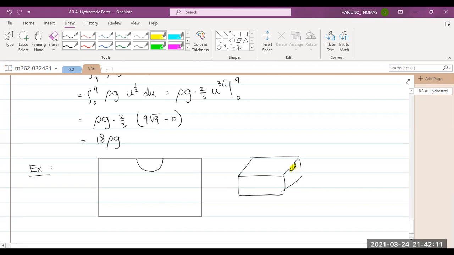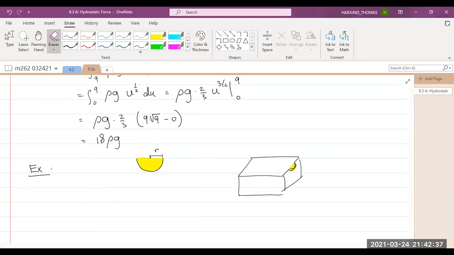So we are now interested in the hydrostatic force experienced by that door or that cover. Let's say the radius is r. Consider this only the first part of the question.